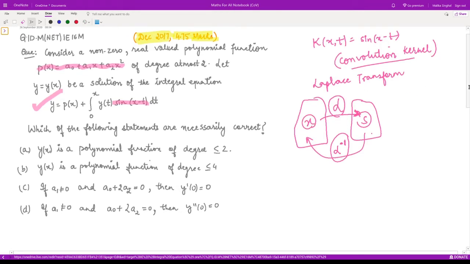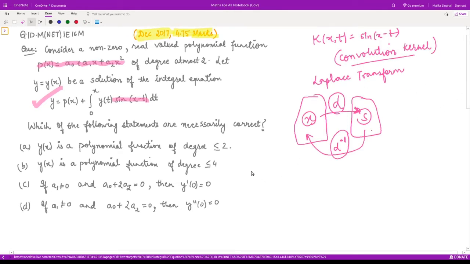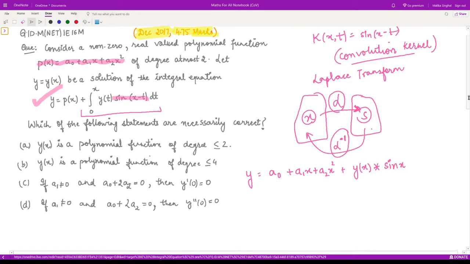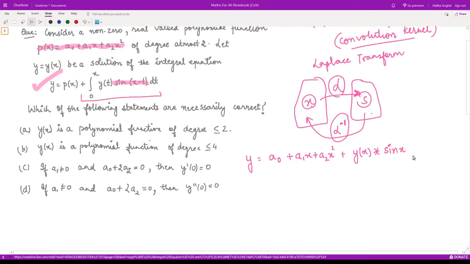So let us get started. Our equation in this case is y equal to p of x, where p of x is a0 plus a1x plus a2x square, plus this whole term, which we can write as y of x convolved with sine of x. That is simply the definition of the convolution operator.